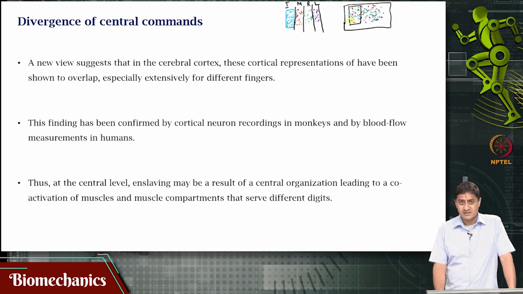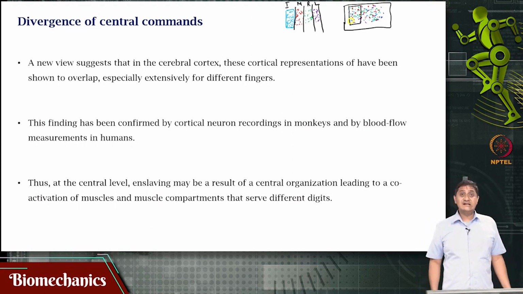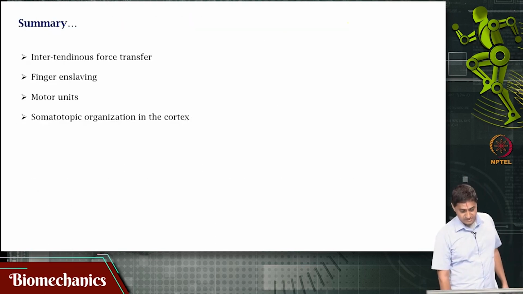They are receiving commands at the same time because these two neurons are located close to each other, and that region of the brain is active for some reason. So maybe this might be purely because of divergence in the central cortical commands. Maybe this is the other hypothesis that we came up with.